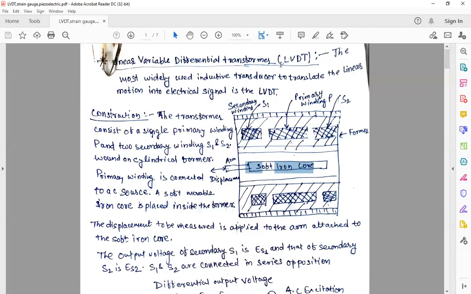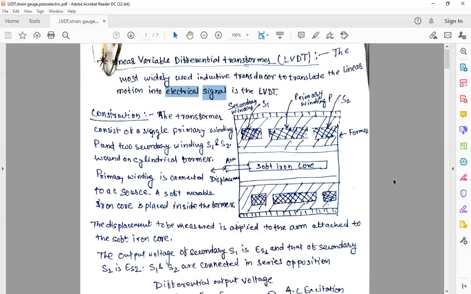The LVDT is used for measurement of linear motion, and the linear motion is converted into an electrical voltage that is linearly dependent on the linear motion of the core.